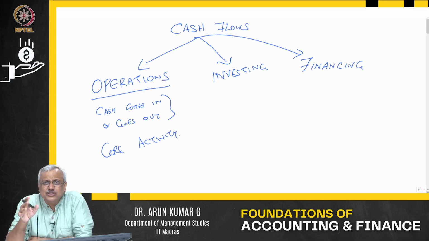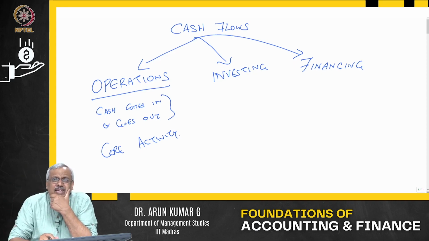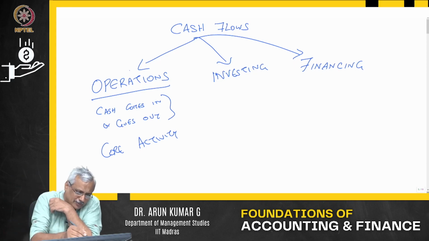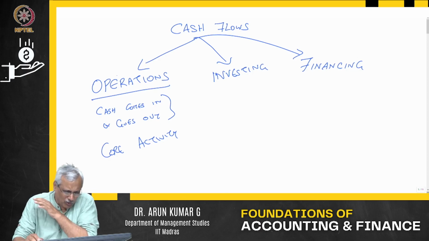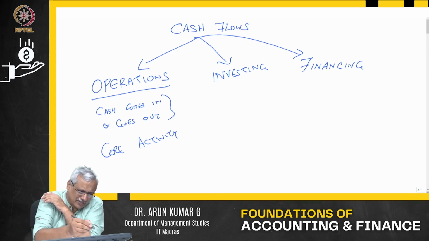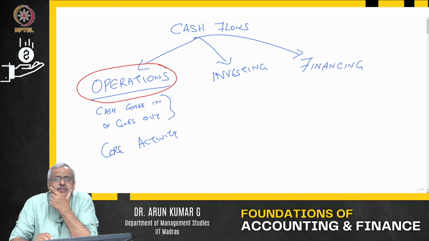I pay wages to my employees, cash going out of my company because of core operations. I pay salaries to my staff, cash going out because of the core activity. So, it deals only with the cash inflow and cash outflow from the core activity, which we call the operations.